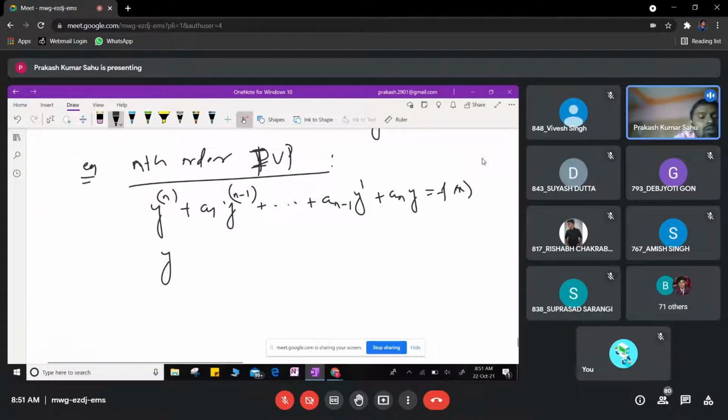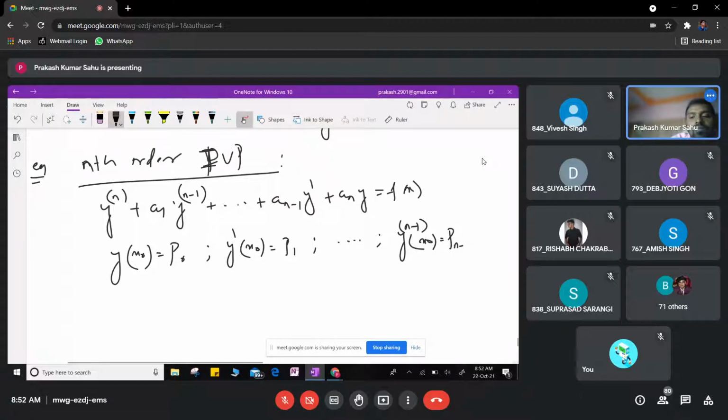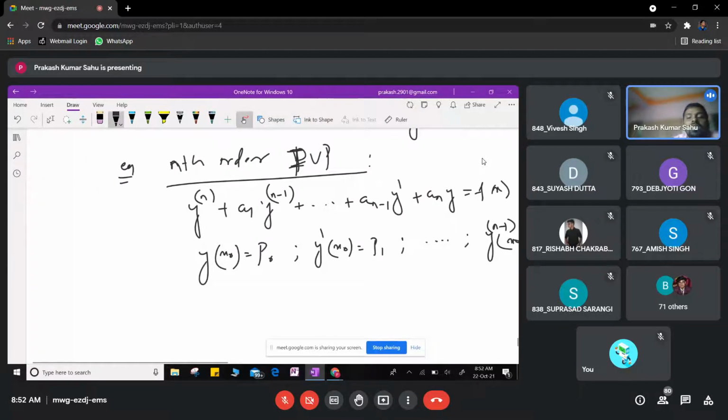You write, suppose y of x0 is your p0, y dash x0 is your p1, and similarly the n minus 1th derivative of y at x0 is equal to p n minus 1. Okay, this is the initial condition.